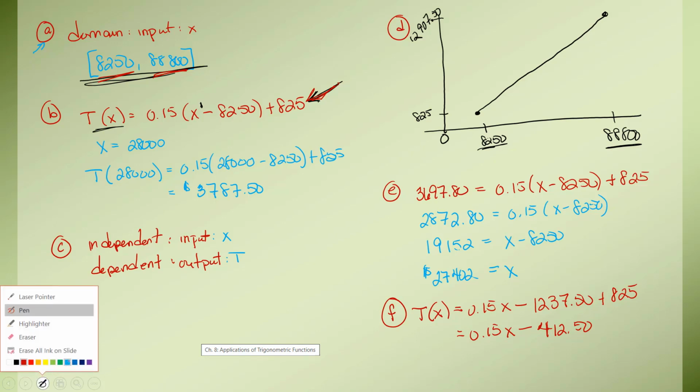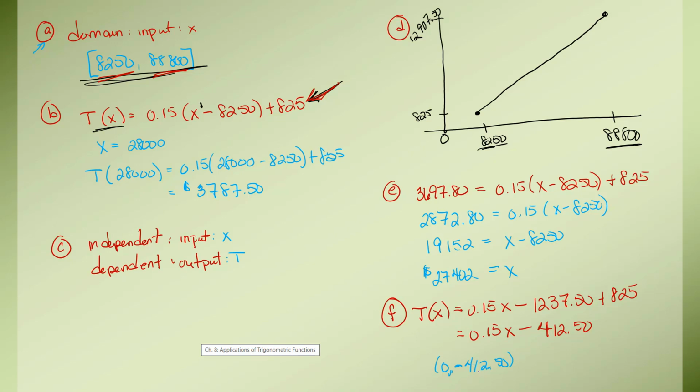So here's the deal. This slope, right? Think about this now. If x is 0, then I get a negative $412.50, don't I? So if x is 0, if the adjusted gross income is 0, then they're going to get paid back, because that's a negative number.